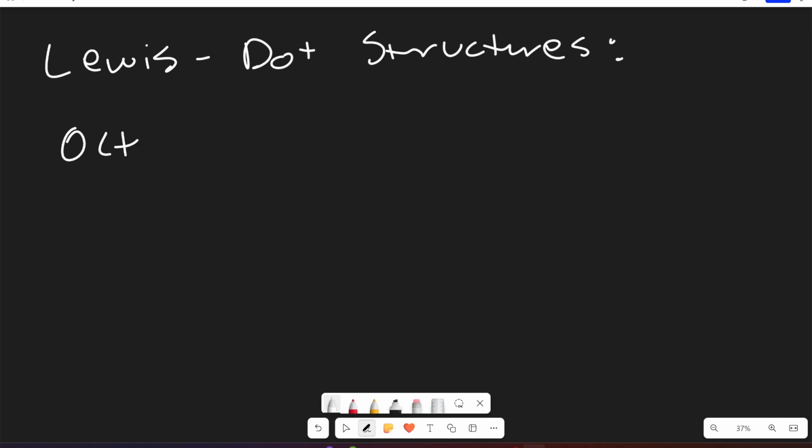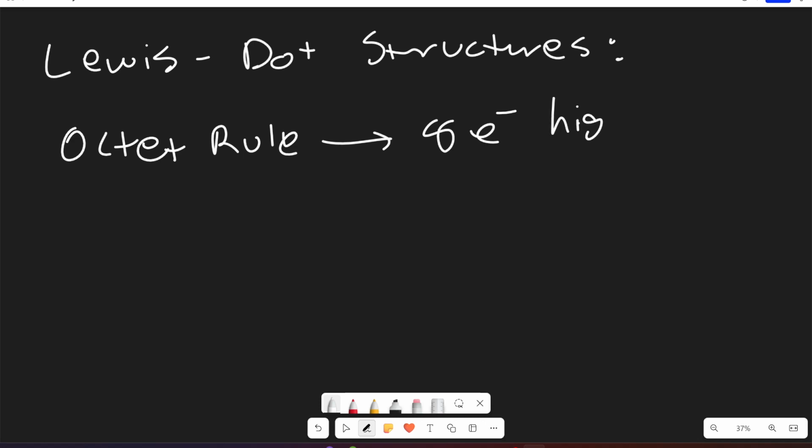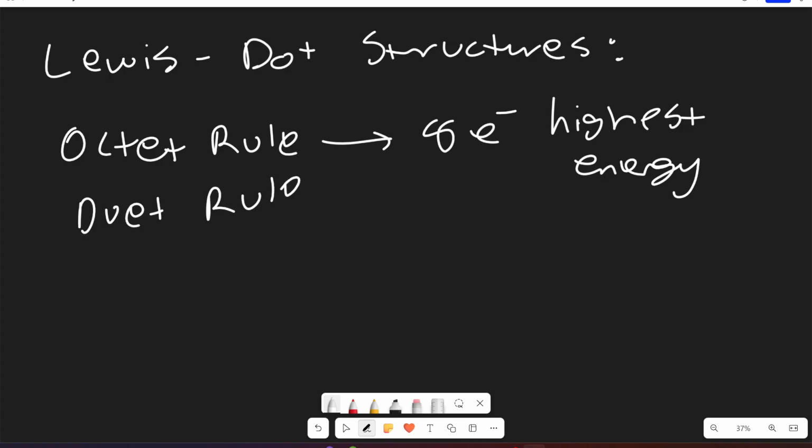We have the octet rule: most compounds tend to form when each atom can gain 8 electrons in its highest energy level. So it wants 8 valence electrons, because everything wants to be like the noble gases, which all have 8 electrons in their highest energy level. And then there's the duet rule, which really only applies to helium. Helium wants 2 instead of 8.